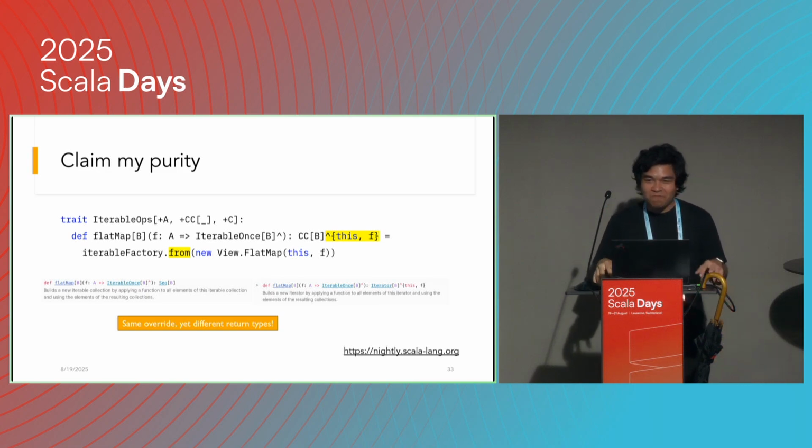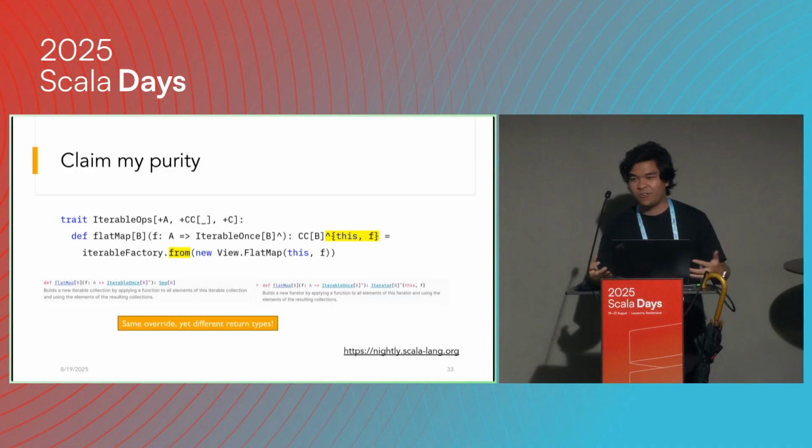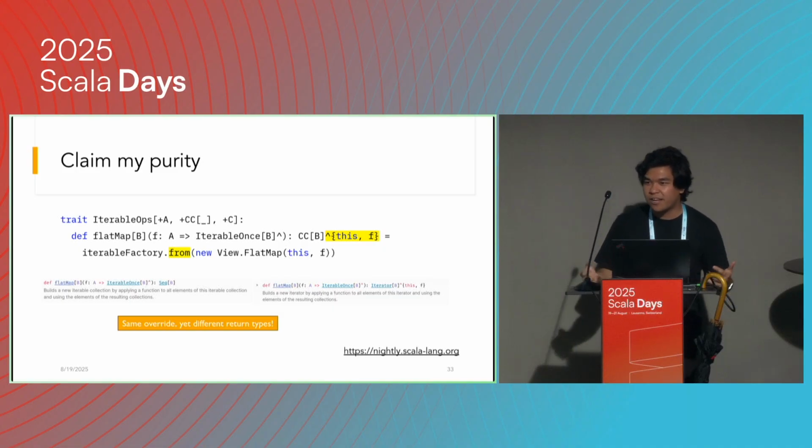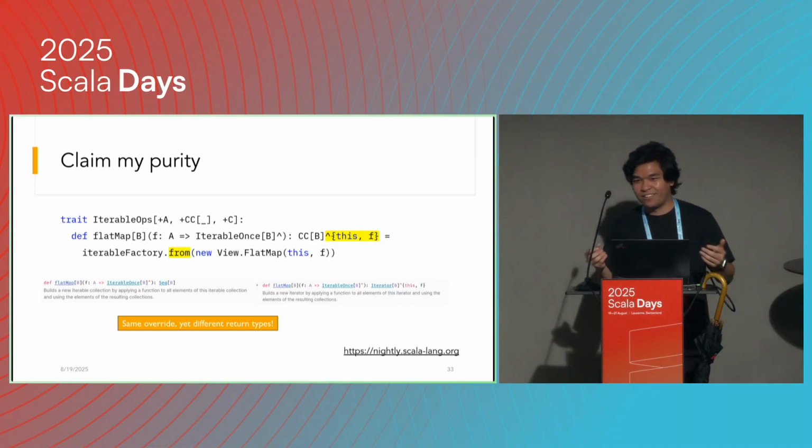So there are a lot of things that we have to think about, especially for the standard library, when we do this porting. We have to maintain many levels of backwards compatibility: source, so everything doesn't break, TASTy, so everything doesn't break, and binary, where everything doesn't break.